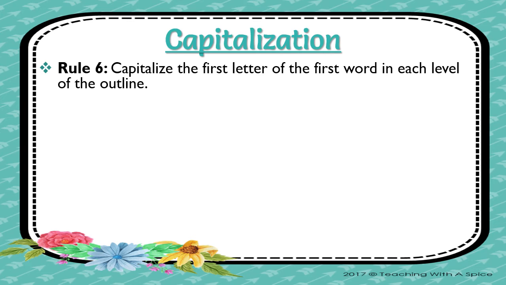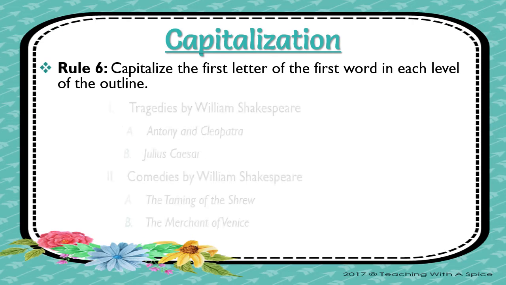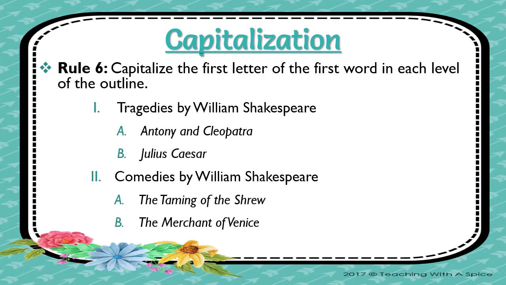Rule number 6 for capitalization. We capitalize the first letter of the first word in each level of an outline. So here's an example of an outline, talking about the works of William Shakespeare.